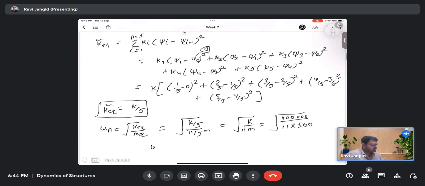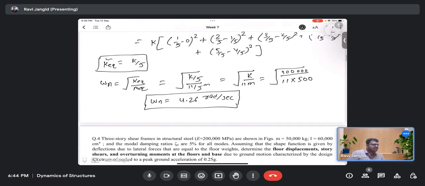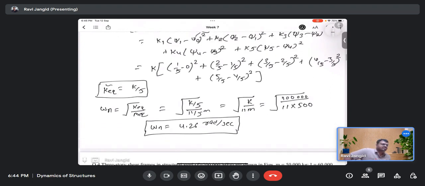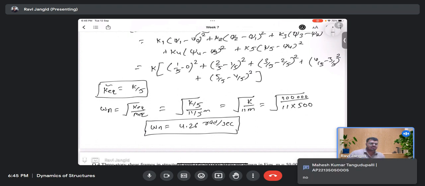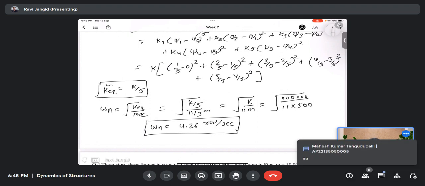So omega n is coming out to be 4.26 radian per second. Is there any doubt in this question? Any doubt? Anyone? If not, let us move to the next question.